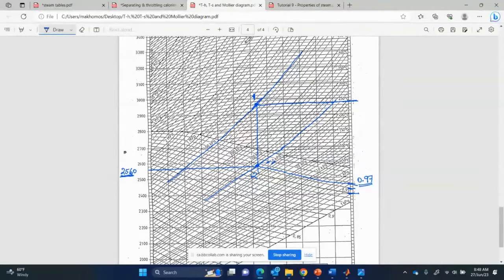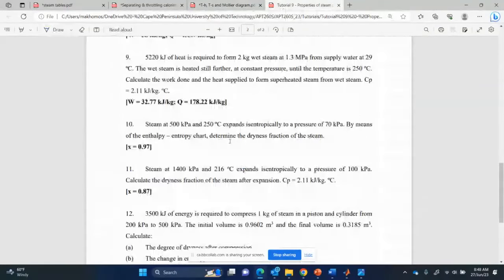The second question is question number 11. It says steam is at 1400 kPa and 216 degrees Celsius. It expands isentropically to a pressure of 100 kPa. This is similar to question 10.